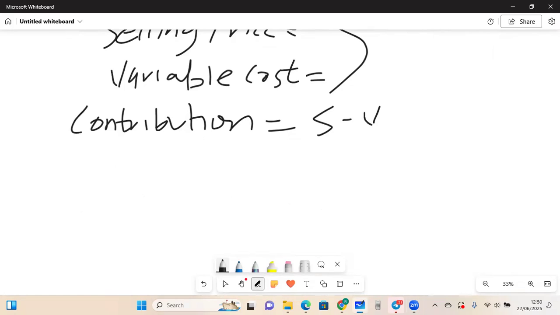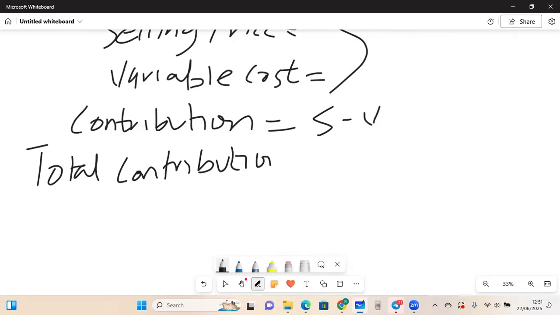Now, when we have this, we can have total contribution. Total contribution is basically the contribution we have up here times the number of units sold, right?